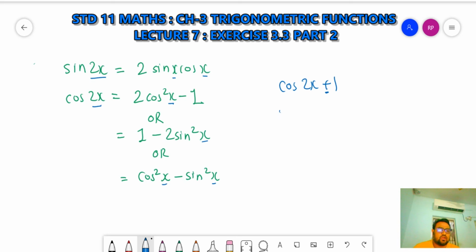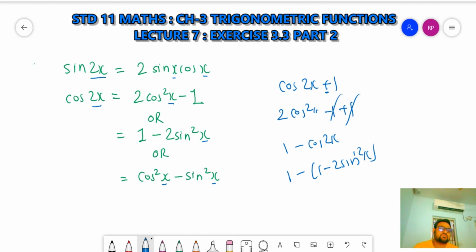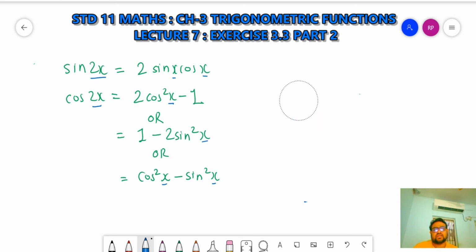So I will use the top formula, 2 cos square x minus 1 plus 1, and this gets cancelled. And if it is like cos 2x minus 1, or 1 minus cos 2x, then use 1 minus 2 sine square x. So 1 gets cancelled, minus minus plus. Okay, so these are the formulas for sine 2x and cos 2x. So you just note it down.